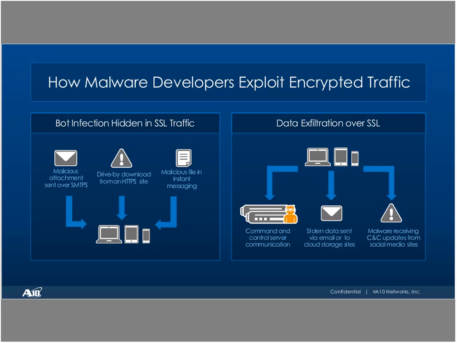So just to summarize and give you a couple more exciting examples of how attackers can use SSL, from the bot infection perspective, users can download and install malicious attachments sent over email.